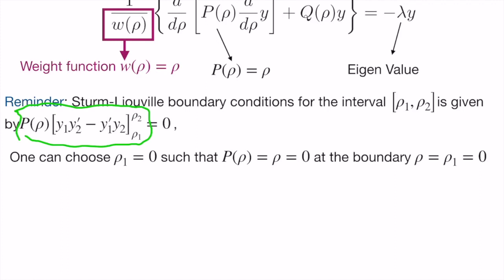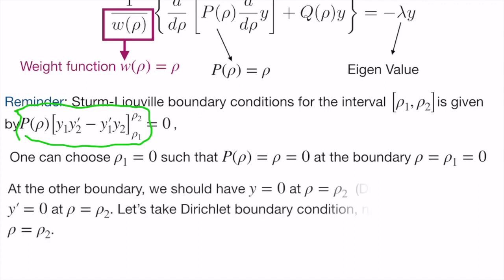Now, if we choose rho 1 to be 0, then because p of rho itself is 0 at the boundary rho 1, the Sturm-Liouville boundary condition is naturally satisfied. It's a trivial condition with p of rho equal to rho itself.